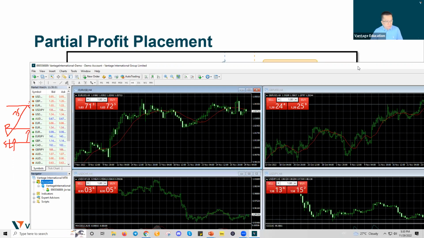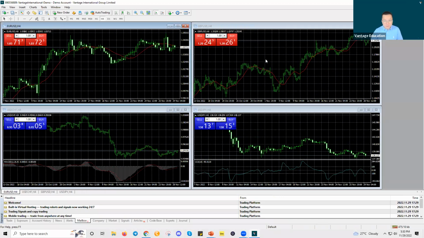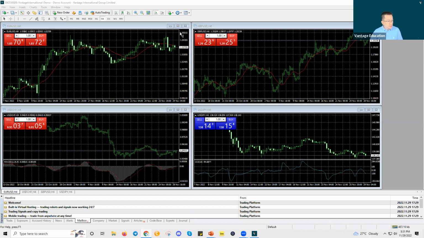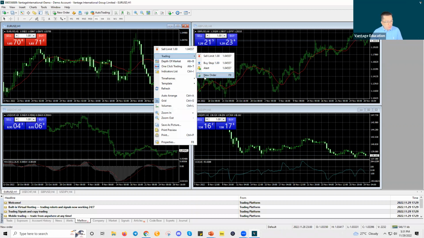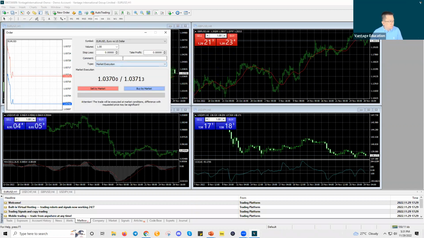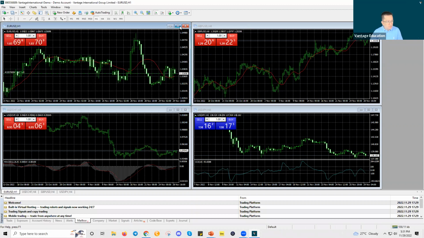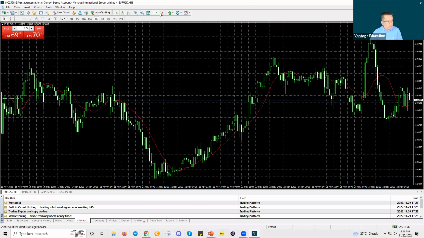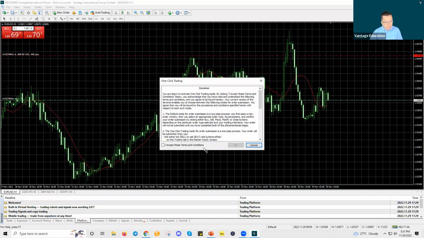Okay, so I'll show you here that I'll just try and enter a quick example of a trade. This is a demo account, so I'm happy to just put in the trade for now. Let's sell the euro dollar towards the downside. I have my stop loss, say about there.